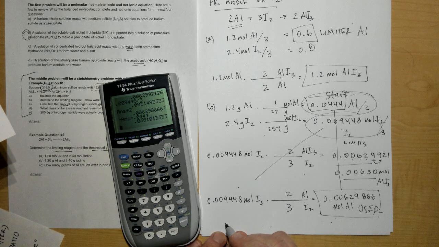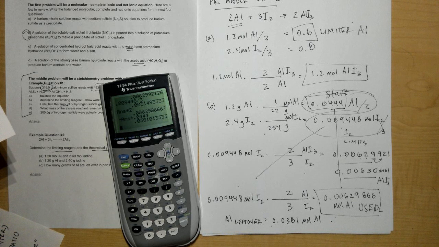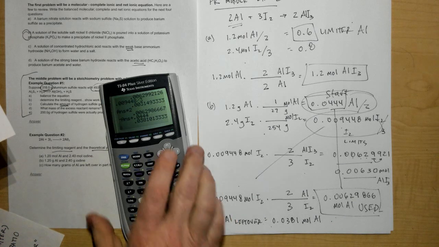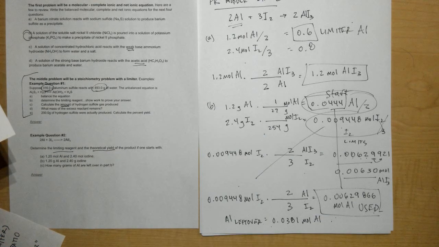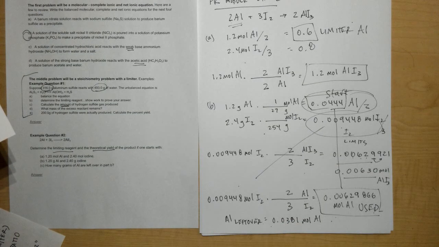And so my amount of aluminum left over is 0.0381 to 3 significant digits moles of aluminum. Now, if they wanted to know that in grams, you'd have to convert it to grams yet, but that'll get you to the number of moles, and you can always do the converting later.